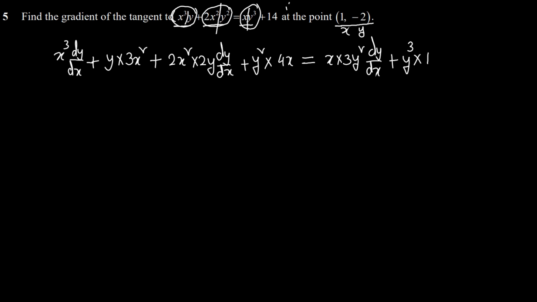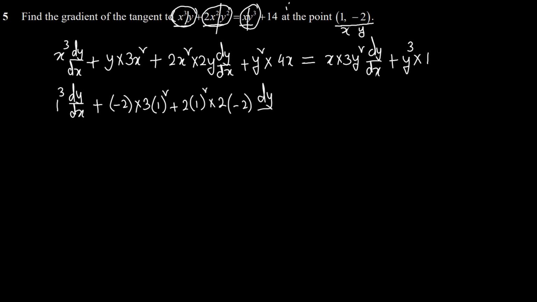So if we put x equals 1, then 1 cube dy by dx. Now you can easily simplify it. y equals minus 2, then 3 into 1 square plus 2 into 1 square into 2 into the y value, which is minus 2, then dy by dx, plus y square, which is minus 2 square, into 4 into 1.